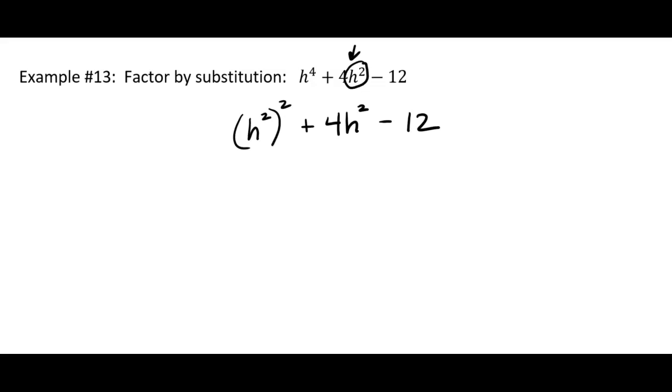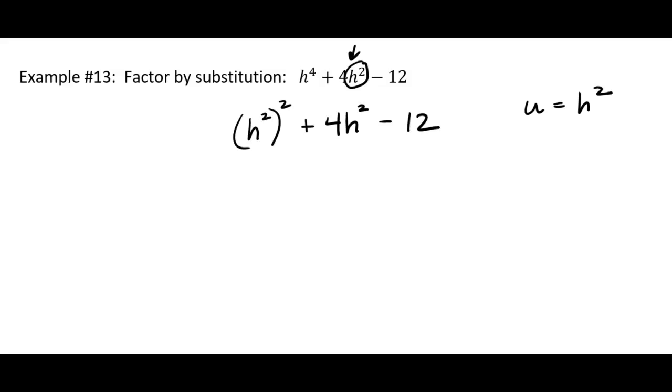And I'm going to write that because we're going to need it. We're going to say let h squared equal u. Or you can write it the other way, u equals h squared, either way. I do want to write it the other way. So now I'm going to show you something.